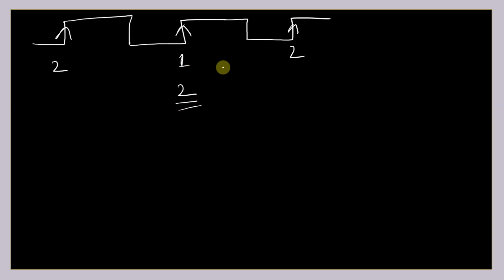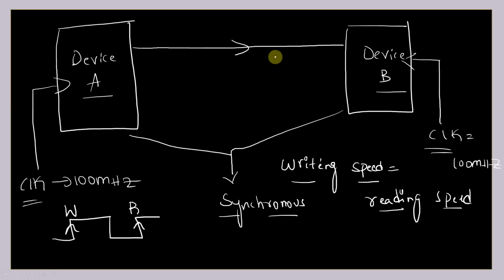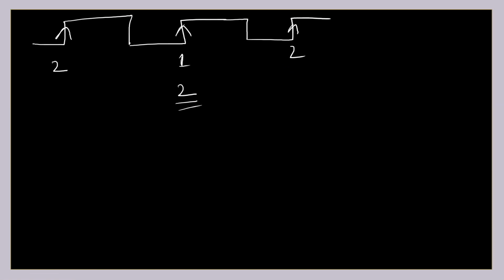Then you are losing one data item in device B. This is where the problem occurs. If the clock frequency in both device A and device B is the same, but the writing speed and reading speed are different, like if device A is writing at the speed of two data items per clock, but device B can only read one data item per clock, it is losing another data item, by which time device A is writing another two data items, then there is a loss of data.